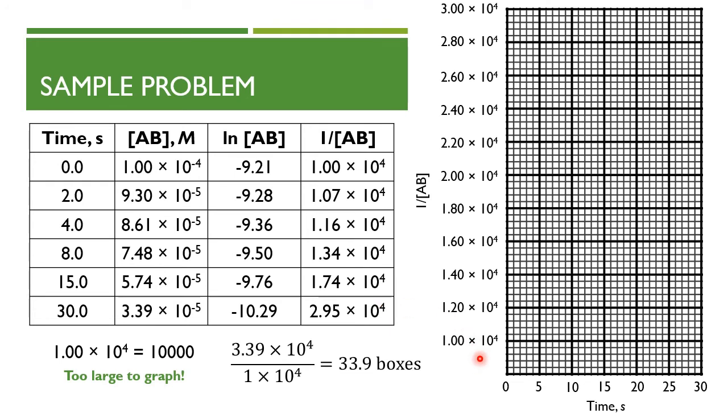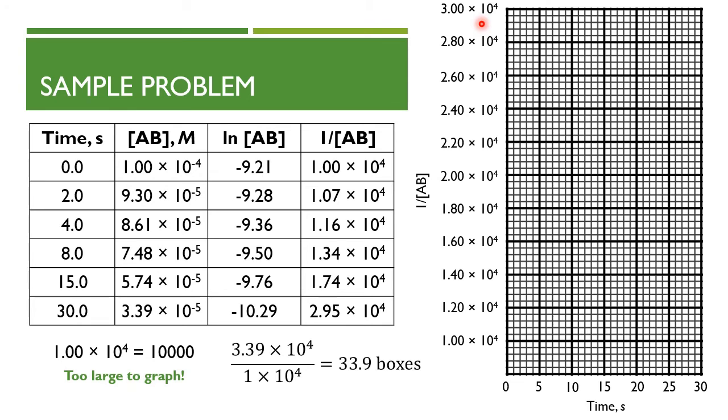Giving us the following then, each box along the y-axis represents a value of 0.2 times 10 to the power of 4. So starting with 1 times 10 to the power of 4, we go up, we have 1.2 times 10 to the power of 4, followed by 1.4 times 10 to the power of 4, and so on until we reach the topmost portion, which has a value of 3 times 10 to the power of 4.